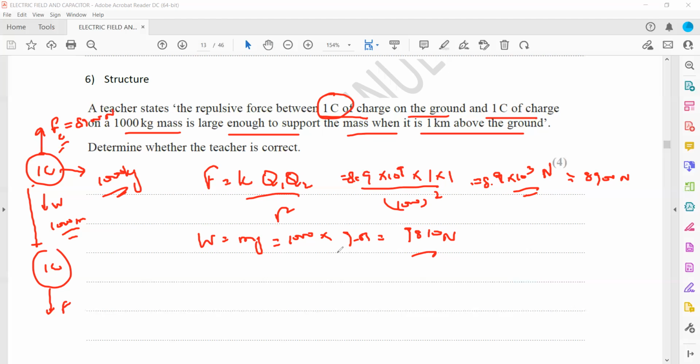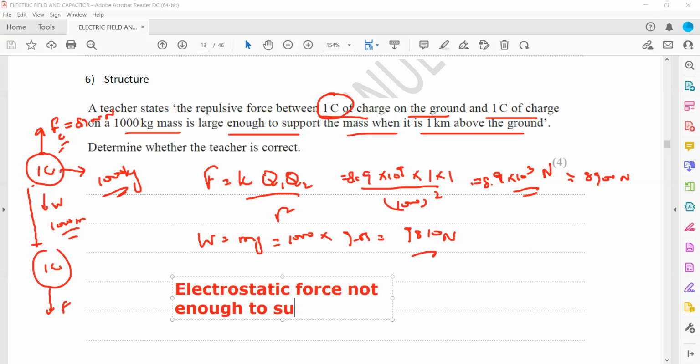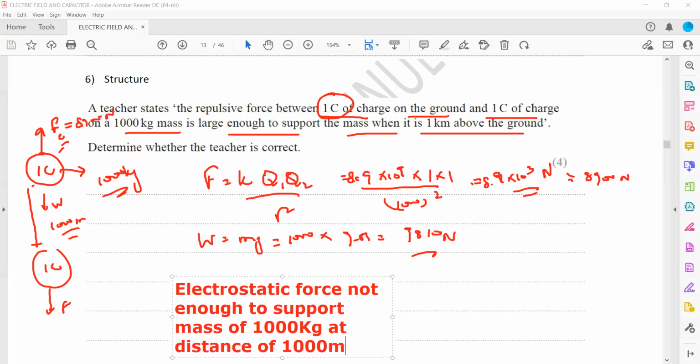So we will write that the electrostatic force is not sufficient or enough to support the weight of a mass of 1000 kilogram at a distance of 1000 meters or 1 kilometer.